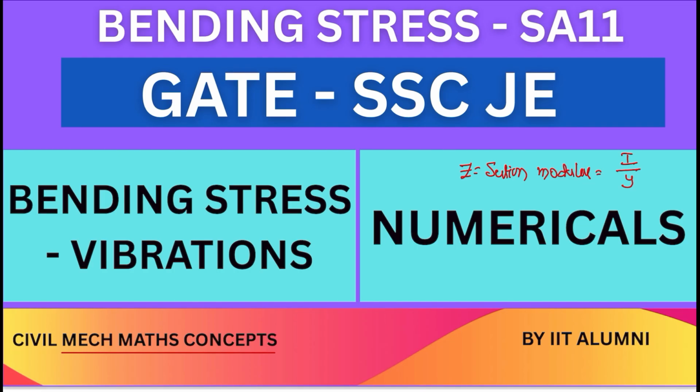So once section modulus is known, then sigma is equal to M by section modulus. This is the equation we have derived in the last class.